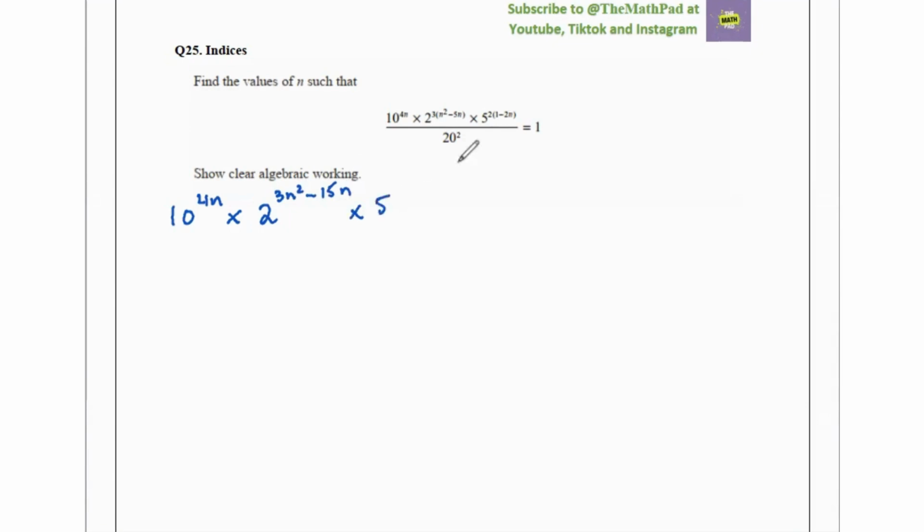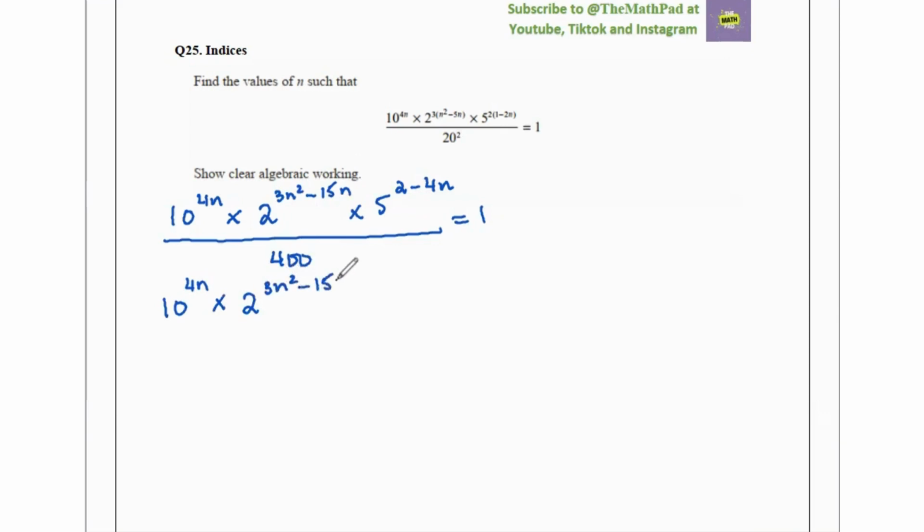Then 5 power 2 times 1 is 2, and 2 times negative 2n is negative 4n. 20 squared, I'm going to rewrite that as 400, equals 1. So 10 to the power of 4n times 2 to the power of 3n squared minus 15n times 5 to the power of 2 minus 4n equals 400. This is what we have.